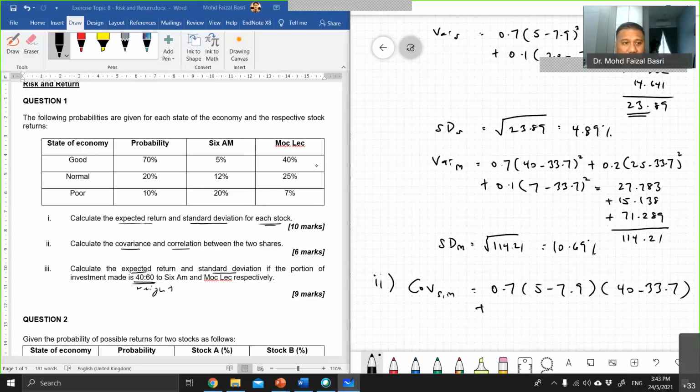So the second weight is 20%, 0.2, the second difference is 12 minus 7.9, times 25 minus 33.7, plus 0.1 times the third difference, 7 minus 33.7.